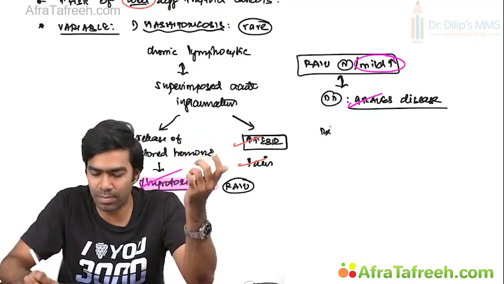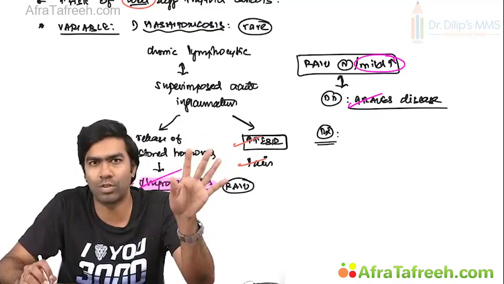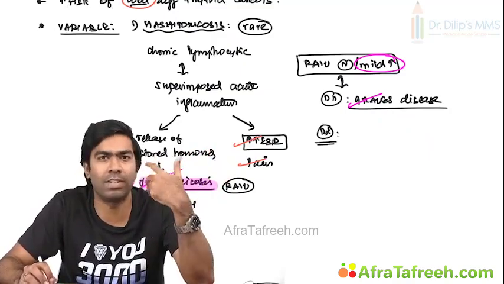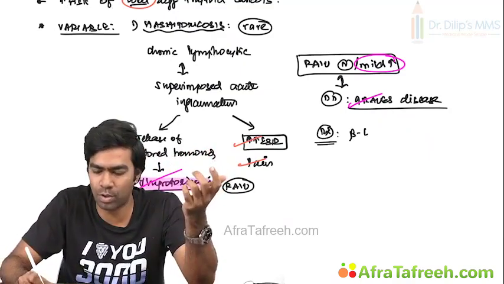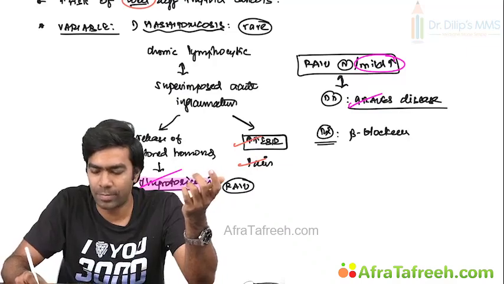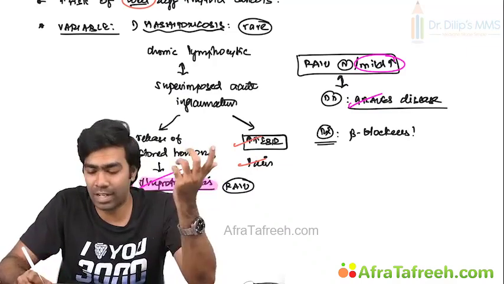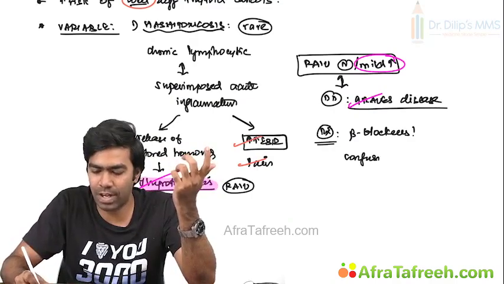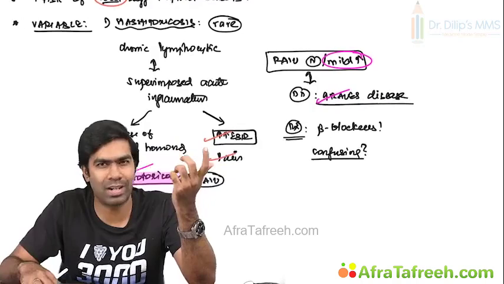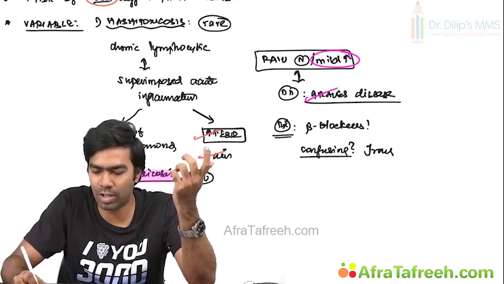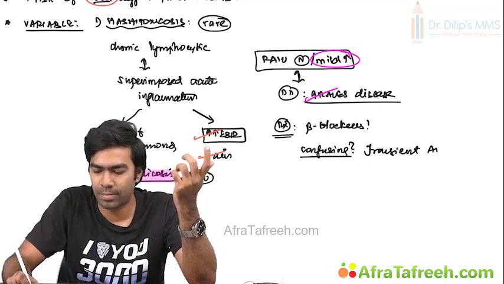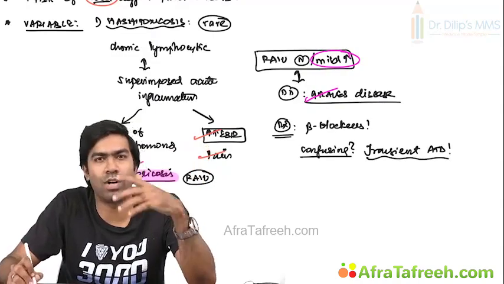The usual treatment of any thyrotoxicosis related to thyroiditis is beta blockers. You don't generally treat with anti-thyroid drugs. But if you have a very confusing picture, you can transiently start anti-thyroid drugs and look out for development of hypothyroidism, because in hashitoxicosis the thyrotoxicosis is not going to be permanent.